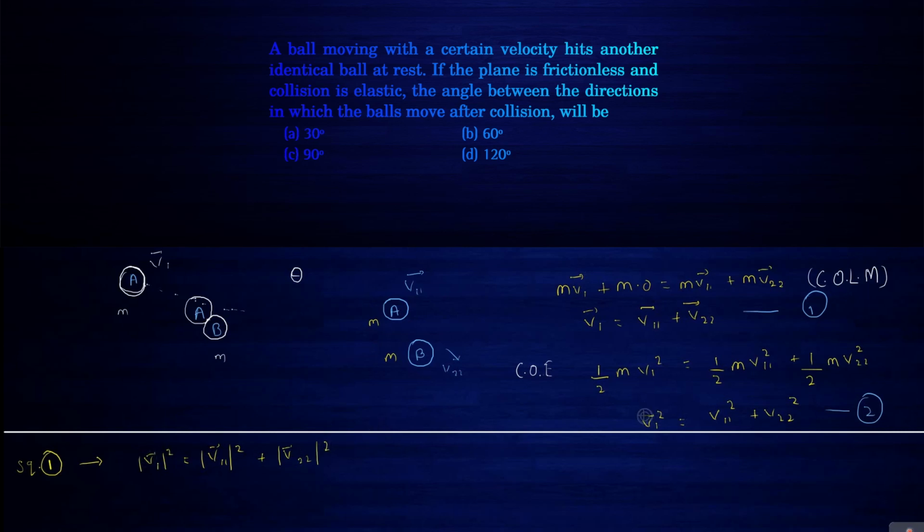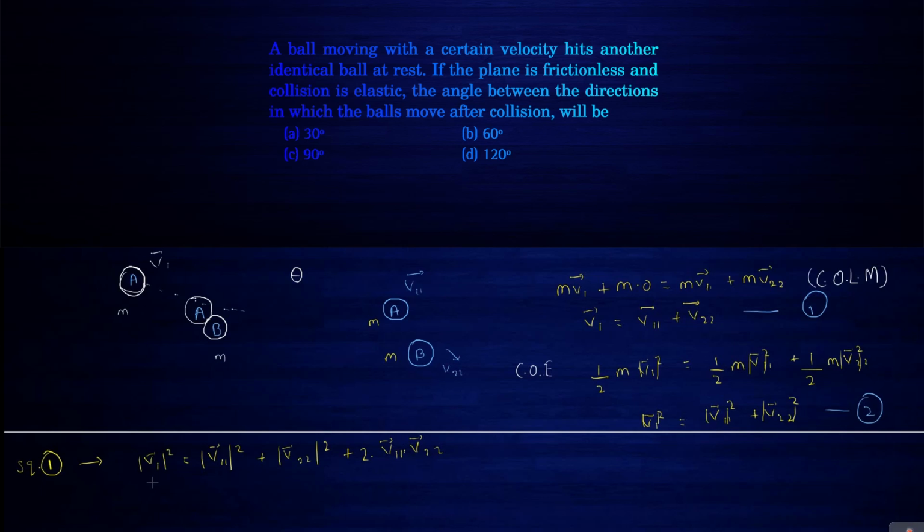Okay, sorry, these are modulus, so I should write it clearly. By writing v11 I meant modulus, so plus 2 times v11 bar dot v22 bar.